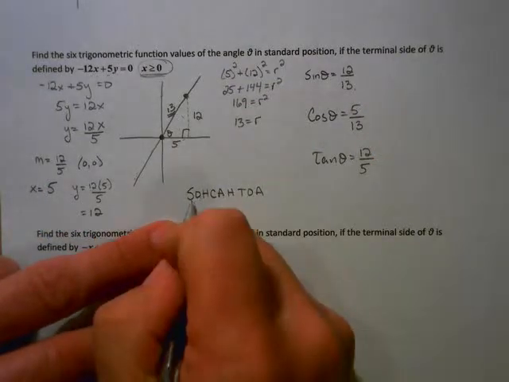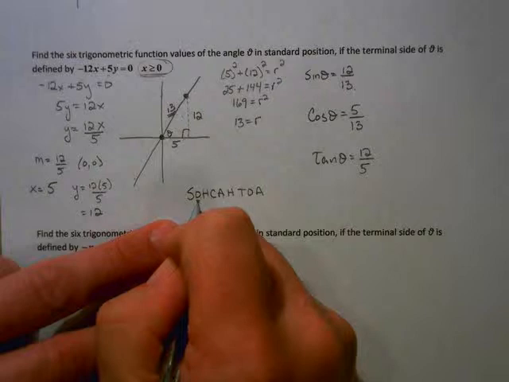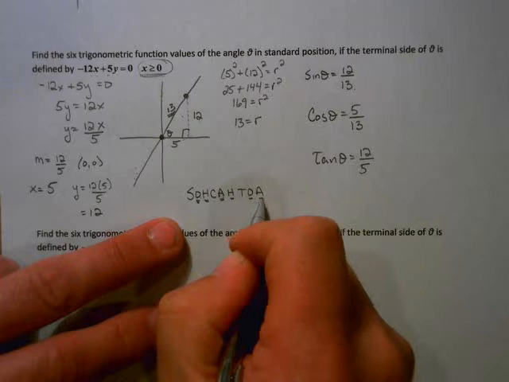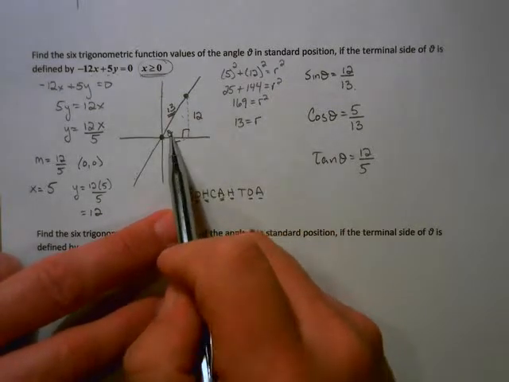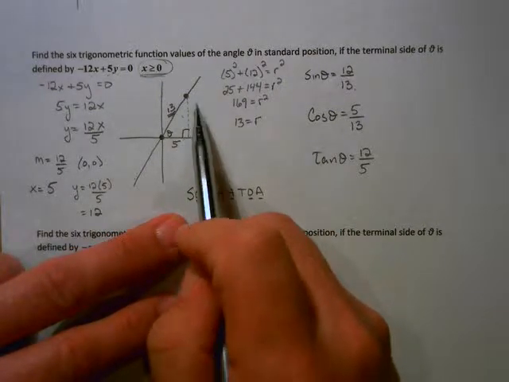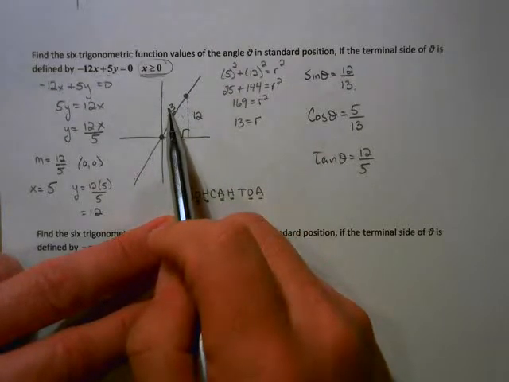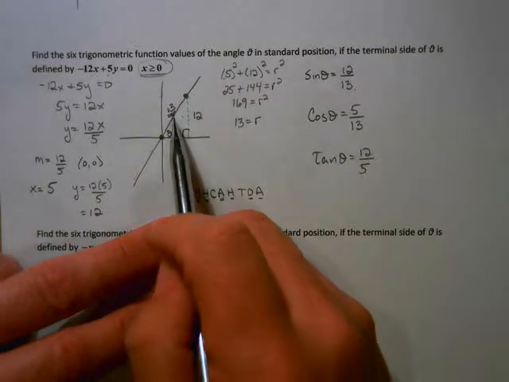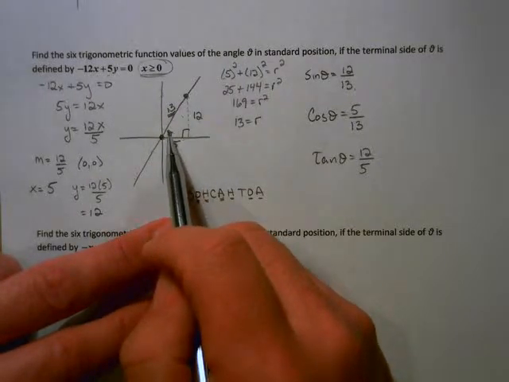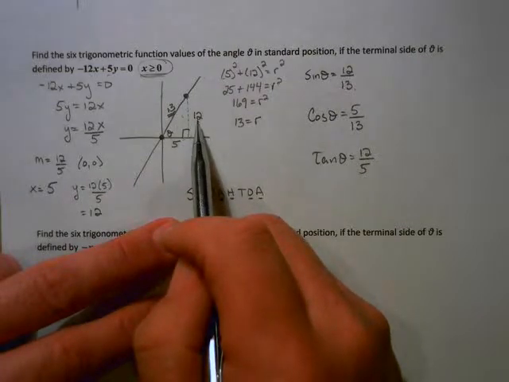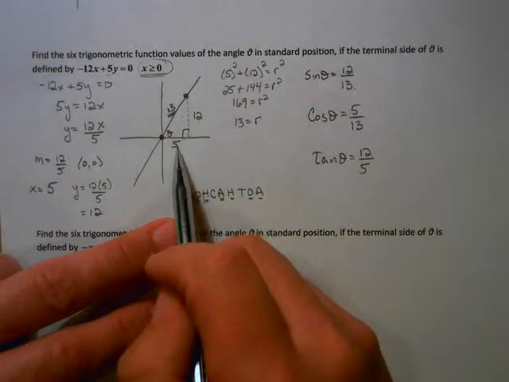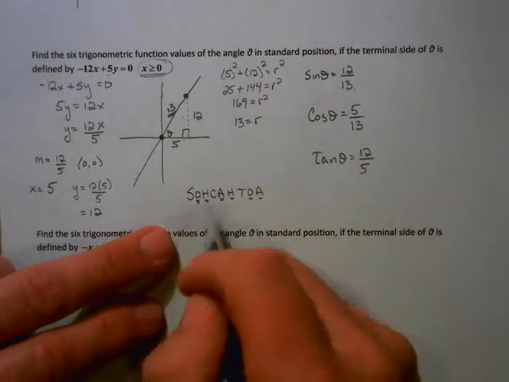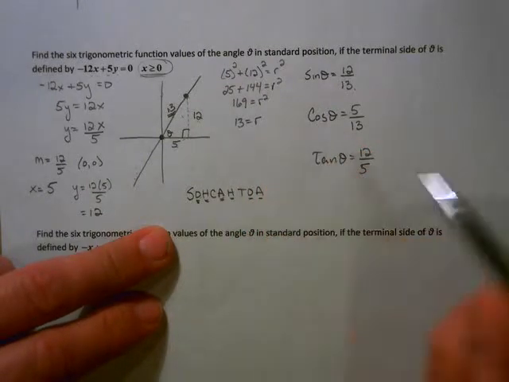Now we can get this from here too, is think of this as opposite hypotenuse, adjacent hypotenuse, opposite adjacent. So sine of some angle is the opposite, y, over the hypotenuse, r. Cosine is your adjacent, x, over your hypotenuse, r. Tangent is opposite, y, over your adjacent, x. So this is just a memory tool to remember those first three.